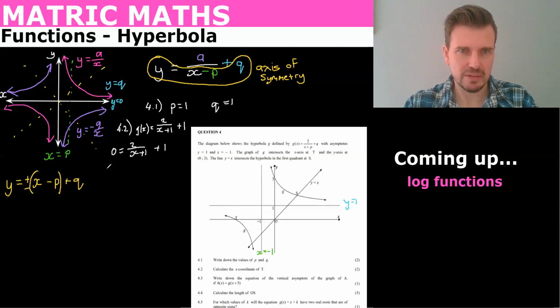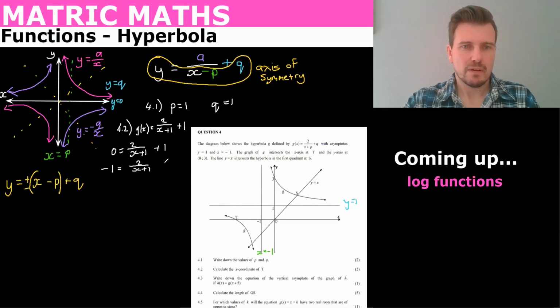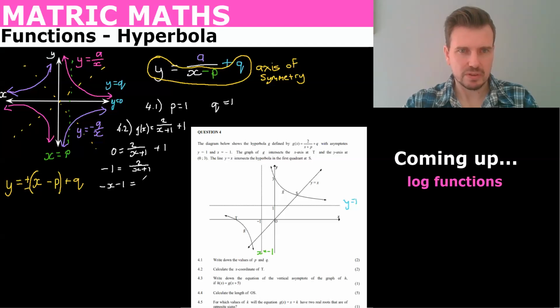Take the 1 over, becomes -1 equals 2 over x plus 1. Okay, so we could times through by x plus 1 on both sides. So it becomes minus x minus 1 equals 2, minus x equals 3.